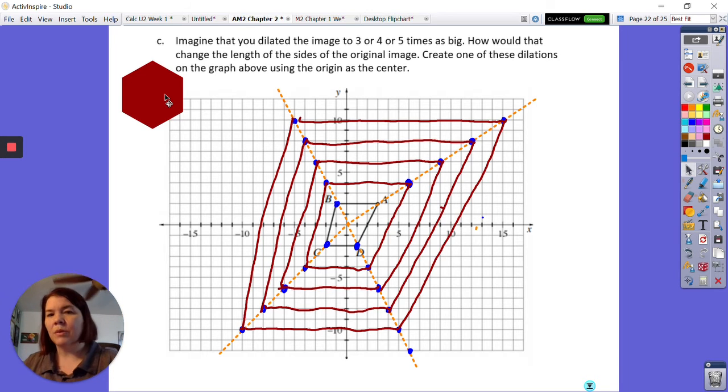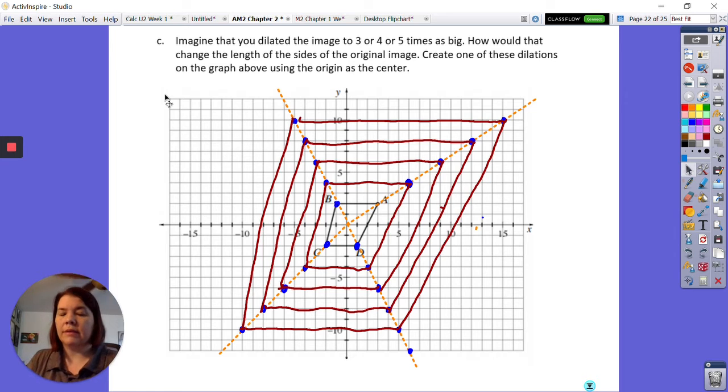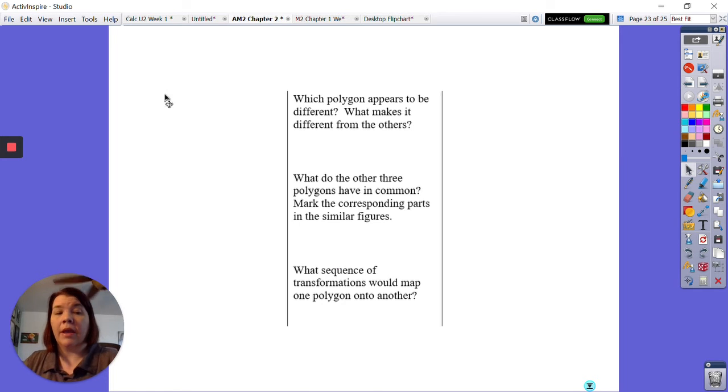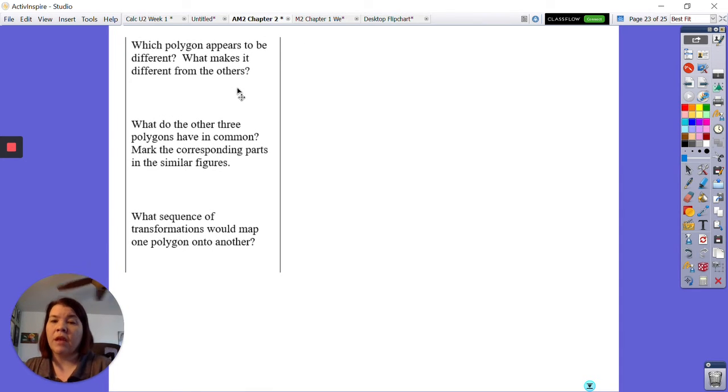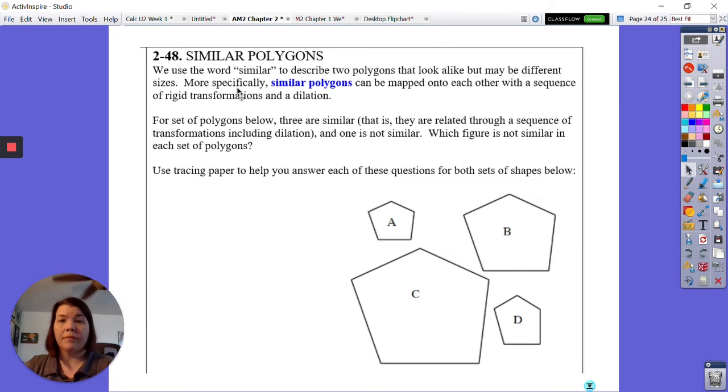And then when we're all done, we create similar figures. So as we continue: which polygon appears to be different, what makes it different from the others, and what do the other three polygons have in common? Mark the corresponding parts of the similar figures. So we're talking about similarity. What sequence of transformations maps one onto the other? We use the word similar to describe two polygons that look alike but may be different sizes.